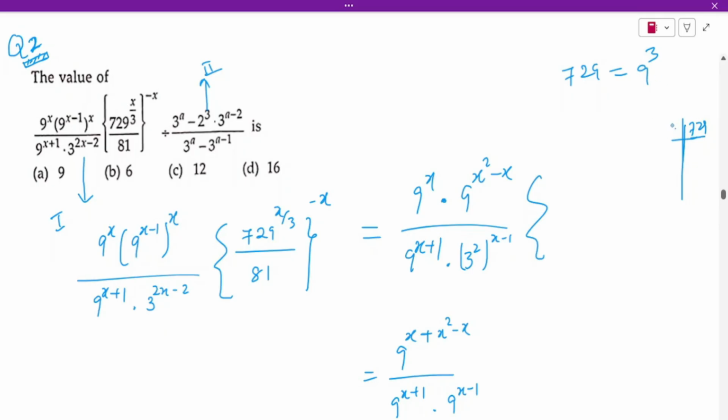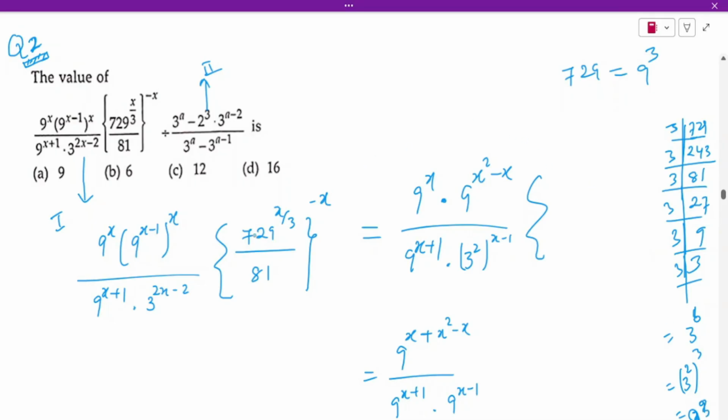You can go for 3 as well as 9. Let's say I'm going for 3, and dividing repeatedly, we are getting this as 3 raised to the power of 6, which we can write as 3 to the power 2 whole power 3, which is nothing but 9 to the power of 3.